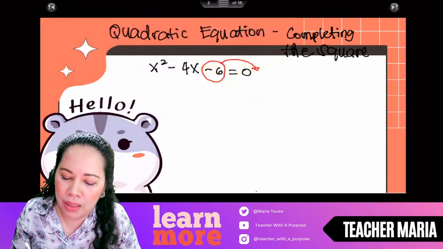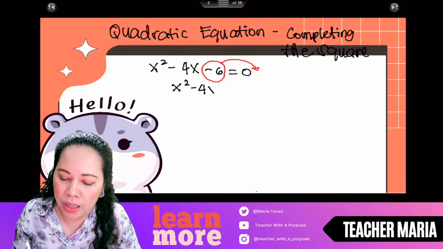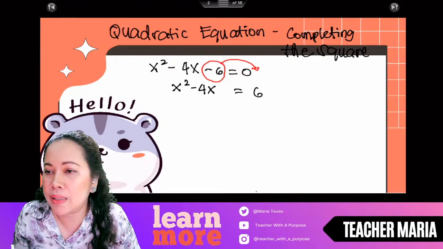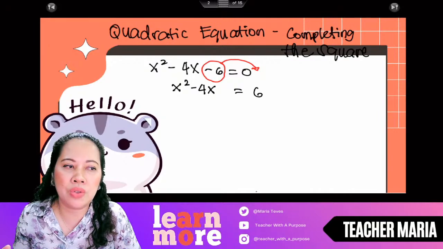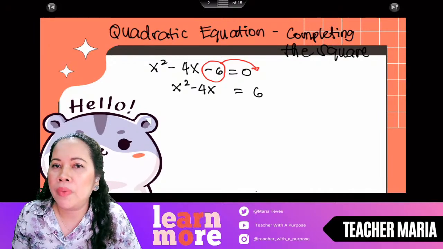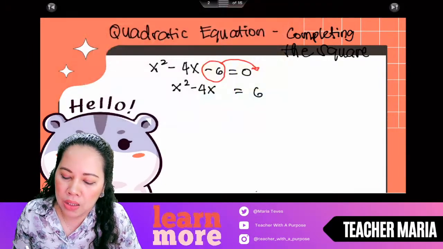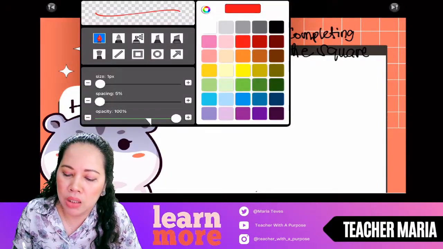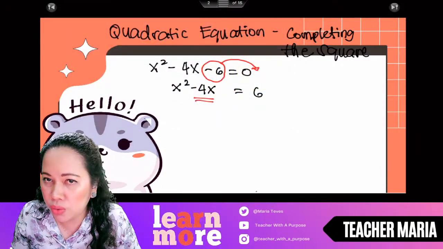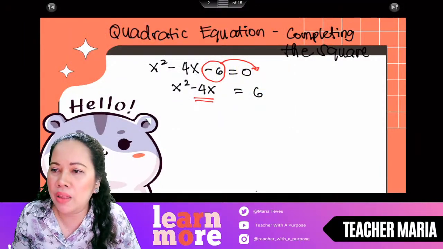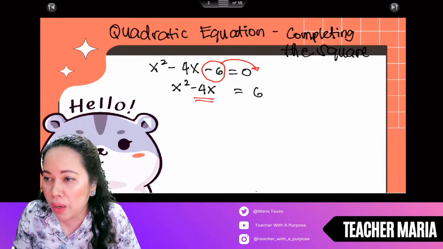That will be x squared minus 4x equals 6. Once you have transferred it, the middle term, you need to divide it by 2, and then the quotient needs to be squared.